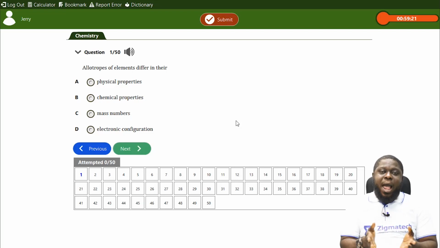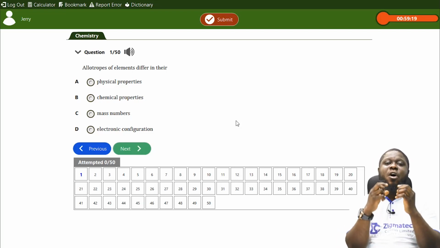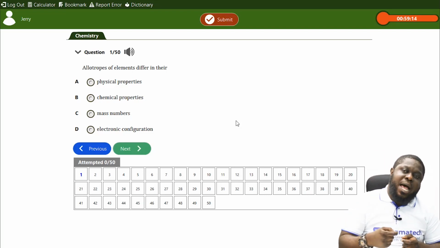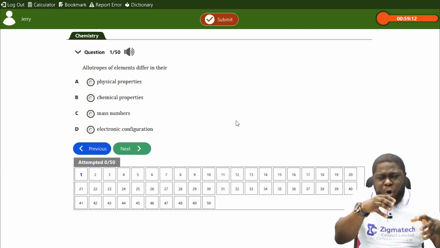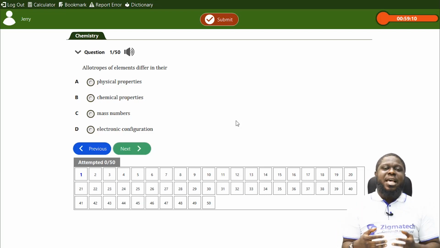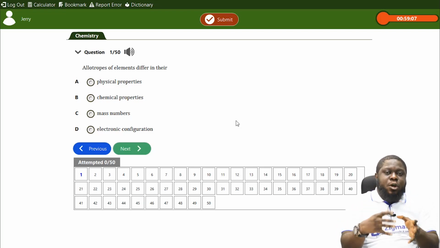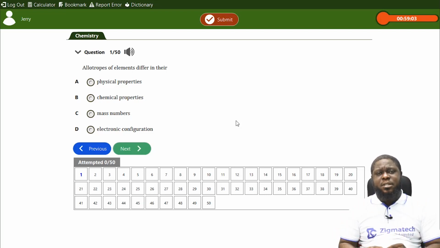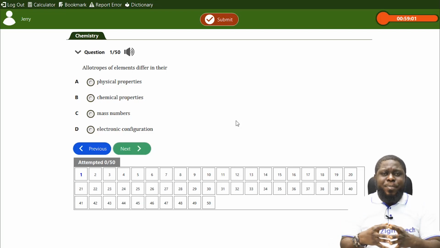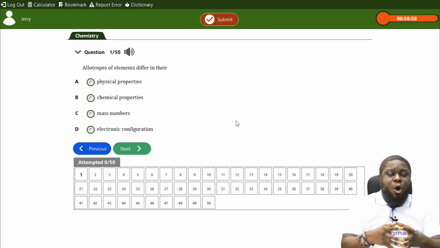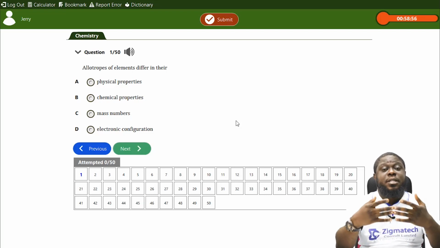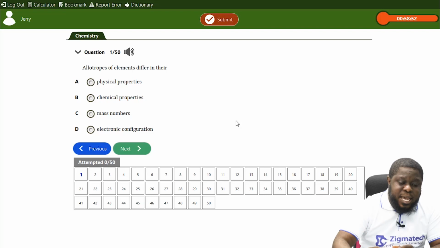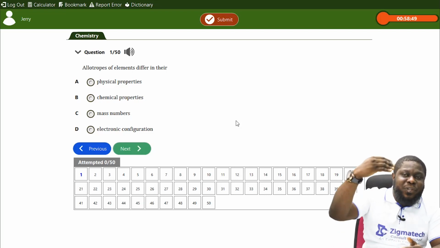It is different. Why? Because oxygen as a physical state of matter is a gas. But when it reacts with water, or when it reacts with hydrogen, it becomes a liquid. So in essence, allotropy tells you the difference between their physical states. Because allotropy is when an element exists in two or more physical states, and each physical state must have its physical property.